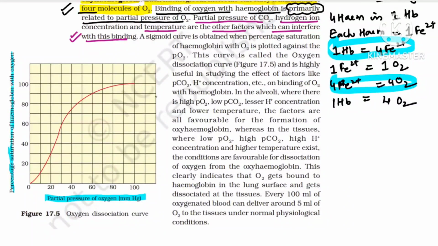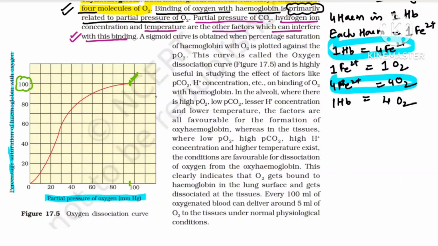If you see in this graph carefully, hemoglobin is 100% saturated when the partial pressure is nearly, you can check this and match it, coming here, more than 95. When the partial pressure of oxygen is more than 95 mmHg, then hemoglobin is 100% saturated.